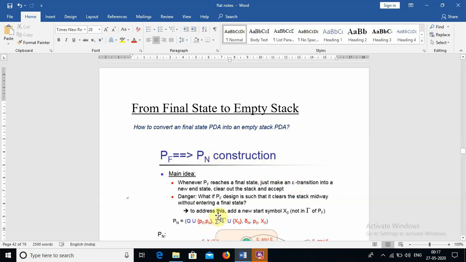If, before reaching the final state in the PDA, we have already emptied the stack, then what will happen? Nothing will happen. We just use X0 as a new variable. If you find X0 in the stack, we can directly go to the final state. Okay, so that is about the language of a PDA. Thank you.